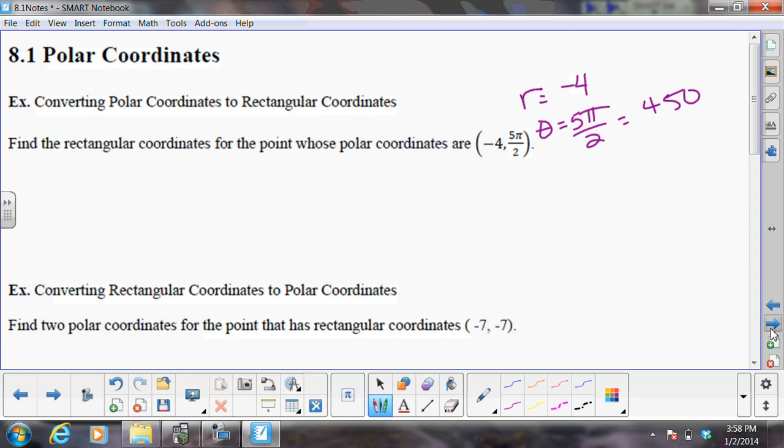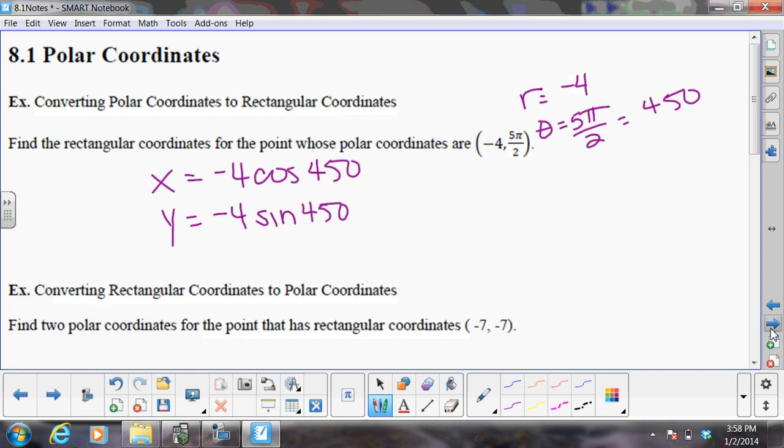You good so far? I hope so. So x will be our r, negative 4, times cosine of 450. Our y is negative 4 sine of 450.